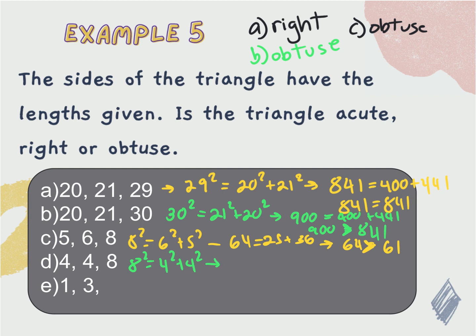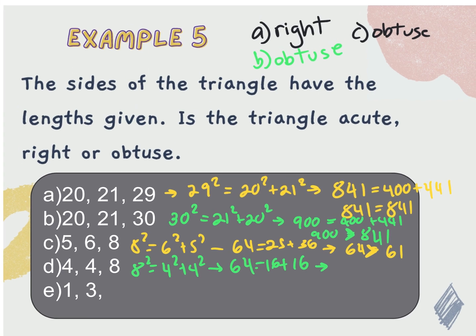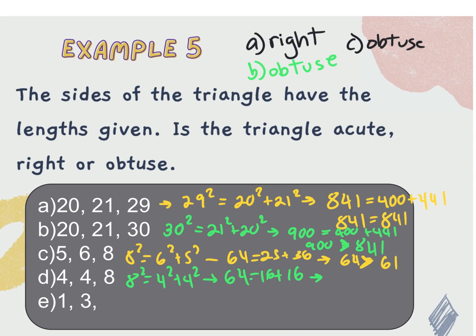That's going to be 64 is equal to 16 plus 16, which gives us 64 is equal to 32. Again, all of these are greater, so our fourth triangle is also obtuse.